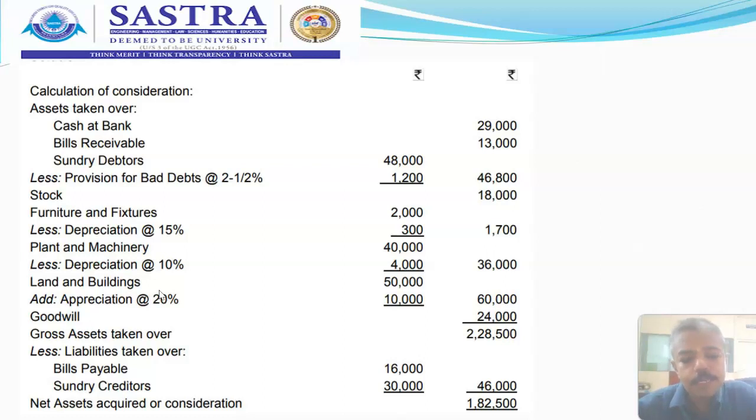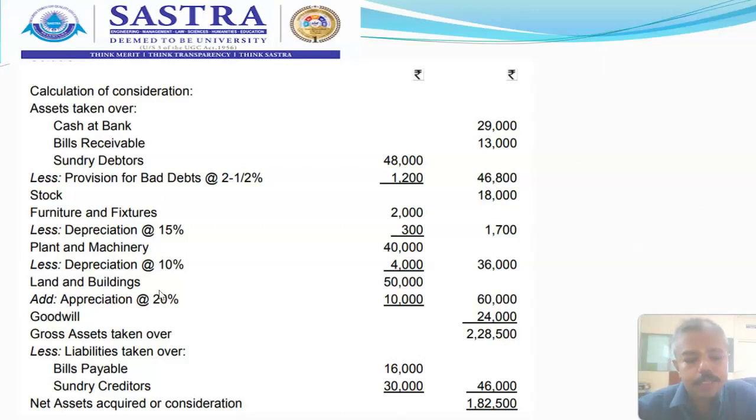So goodwill has been paid for rupees 24,000. This has to be considered under the calculation of purchase consideration directly without any alteration. So let me repeat again: cash at bank, rupees 29,000, bills receivable, rupees 13,000, stock, rupees 18,000.